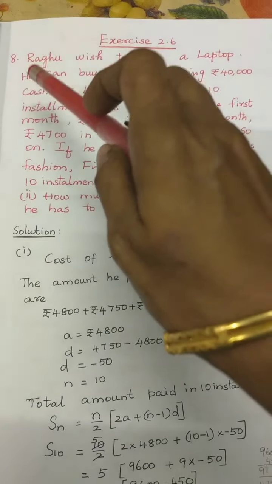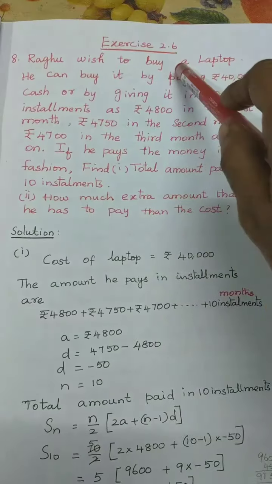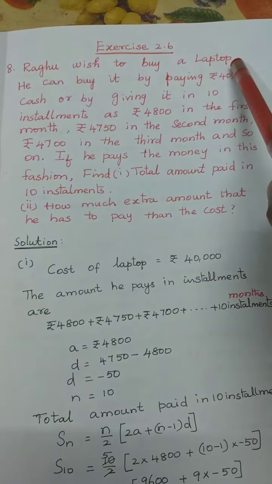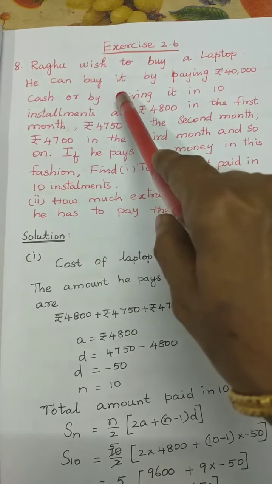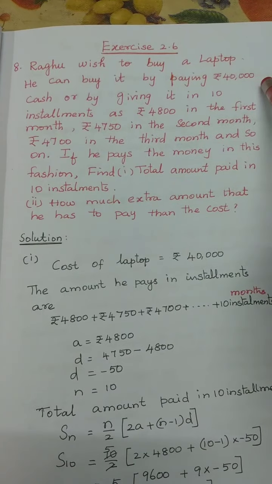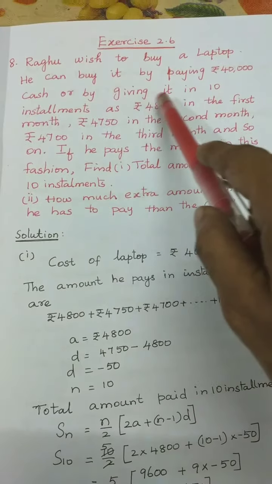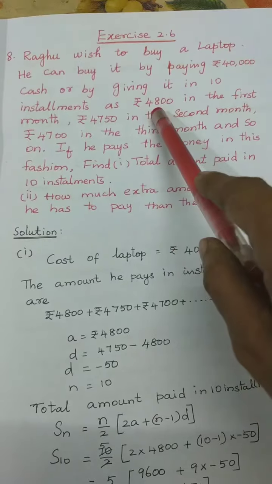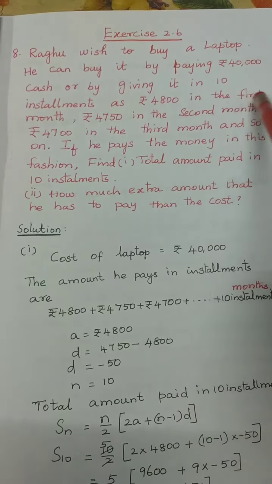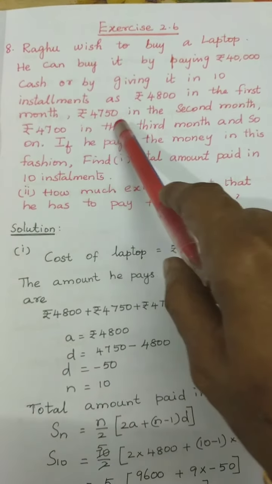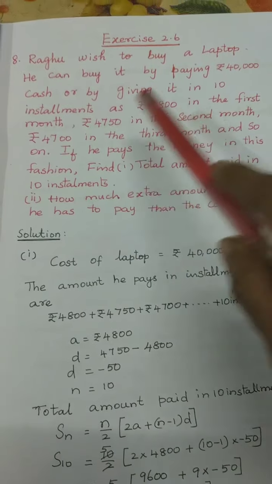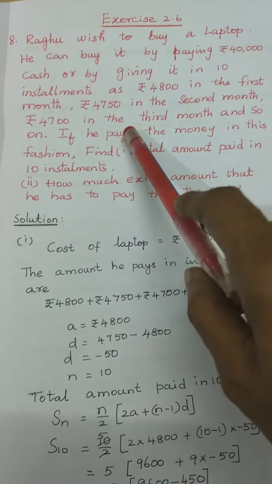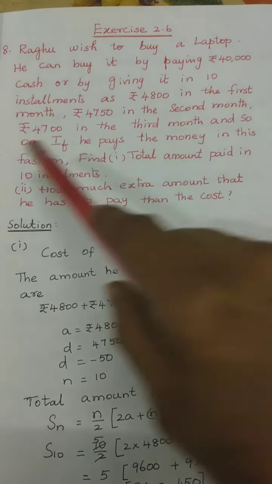Now, we will see exercise 2.6, 8th sum. Raghu wished to buy a laptop. He can buy it by paying 40,000 cash or by giving it in 10 installments as 4,800 in the first month, 4,750 in the second month, and 4,700 rupees in the third month, and so on.